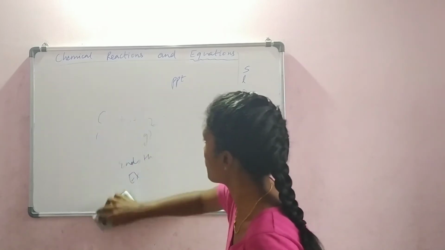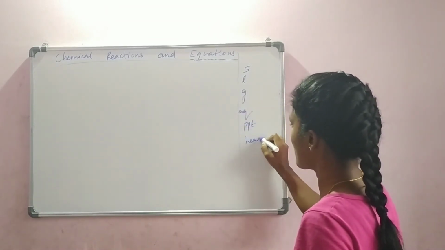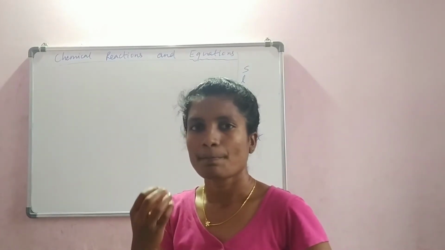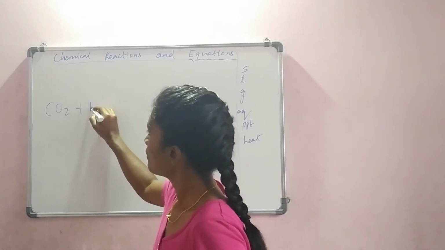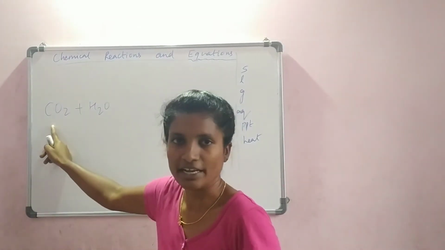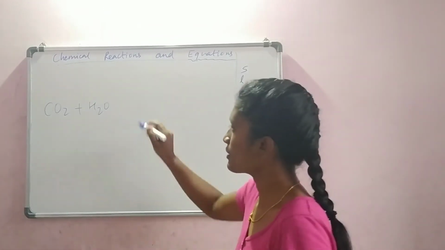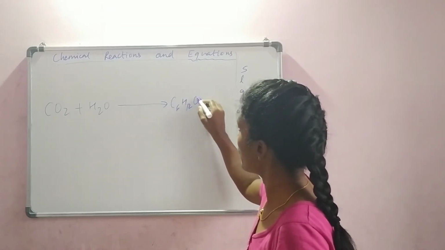So we understood about PPT, precipitation formation, and we understood there is heat. And in some reactions, let us take the photosynthesis reaction. CO2, water: carbon dioxide is taken from the air, water is taken from the soil, that is from the ground, and glucose is formed, C6H12O6.